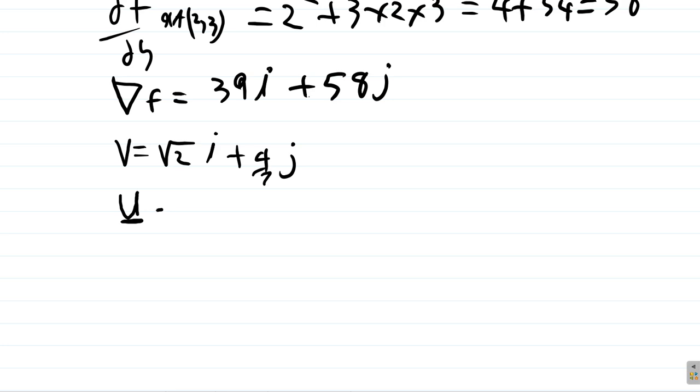So the unit vector is equal to our vector divided by the magnitude of the vector. Let's find the magnitude one at a time. What's the magnitude of this vector?